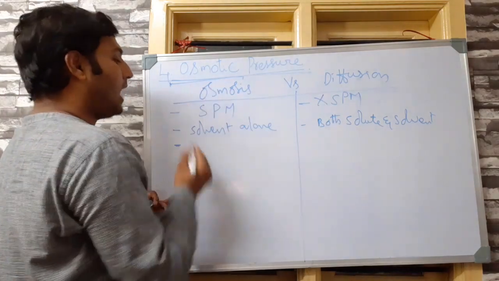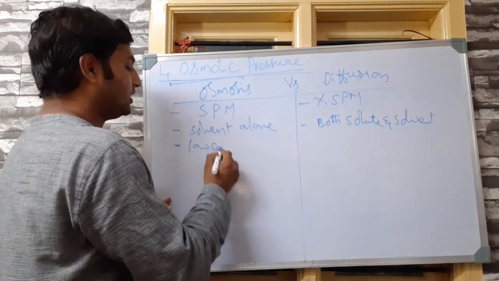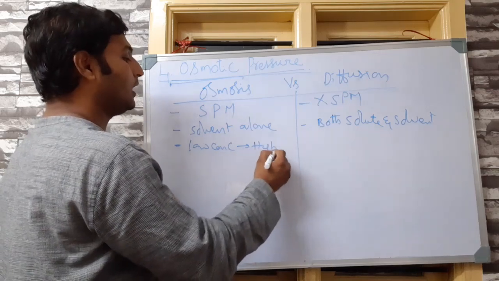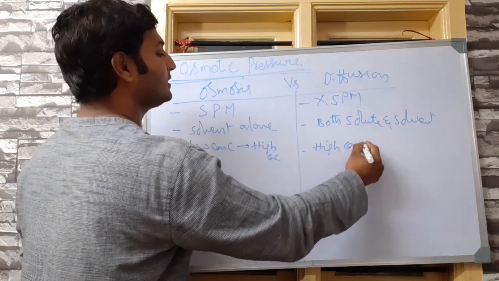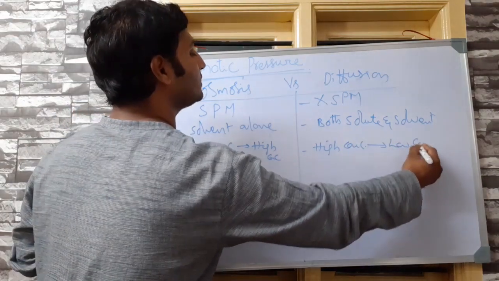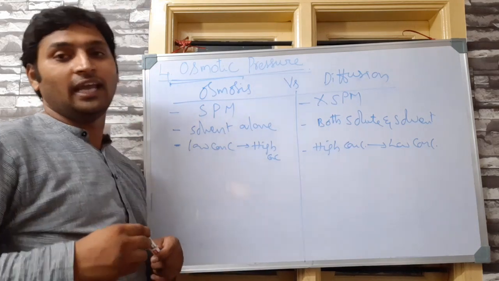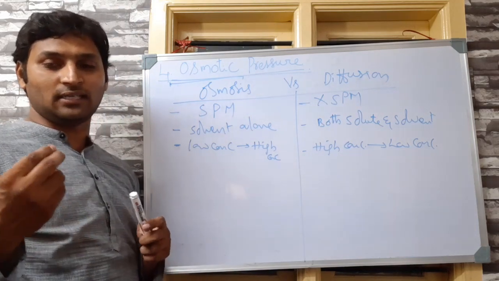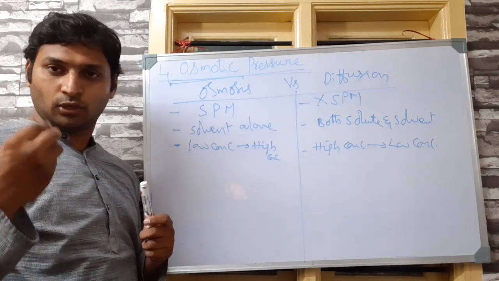Then osmosis is movement of solvent molecules from low concentration to high concentration, whereas in diffusion the movement of solvent molecules will always be from high concentration to low concentration. Again, take this ink example. The ink drop is full of substances.